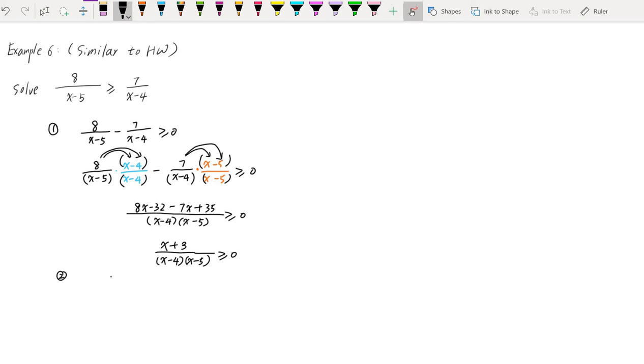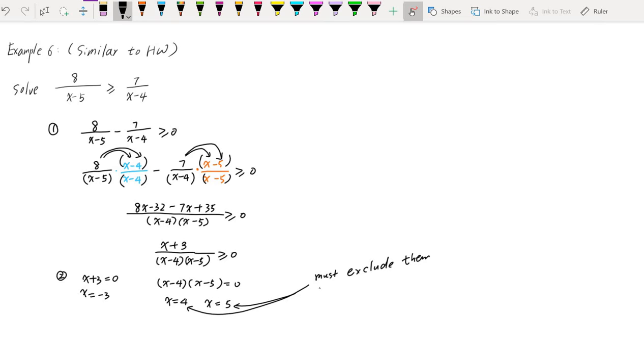Then step 2, we said we're going to set this equal to 0. The numerator equal to 0 gives you -3. Then we also set the denominator to 0, and we find x equals 4. We also find x equals 5. Again, recall, since they are produced from the denominator, we know we must exclude them.